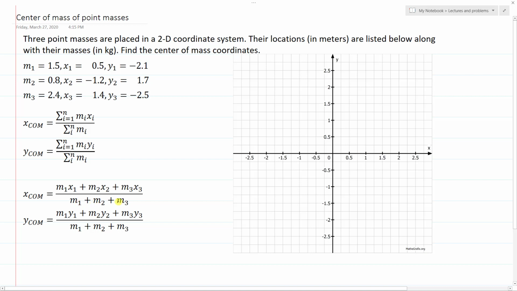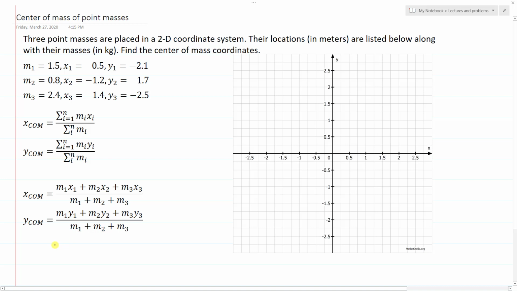So the y center of mass is very similar except for this y coordinate multiplied to the mass. So we have y center of mass equals m1 y1 plus m2 y2 plus m3 y3, and then divided by the total mass. If you have another coordinate such as z, then it'll say the same thing except that the coordinates will be z1, z2, and z3.